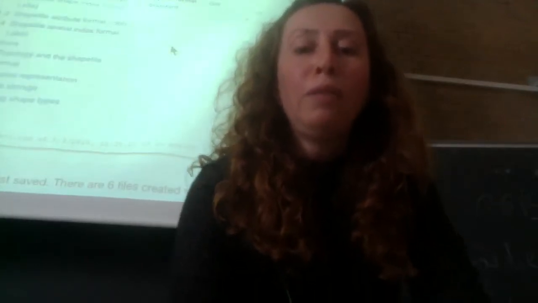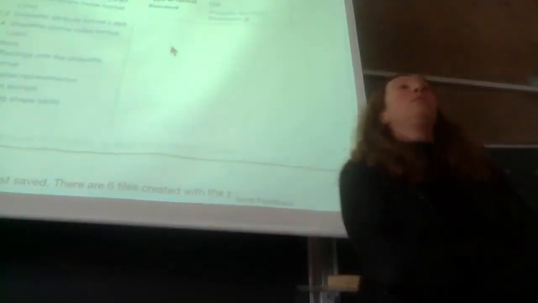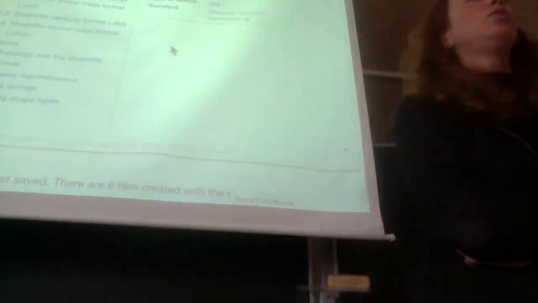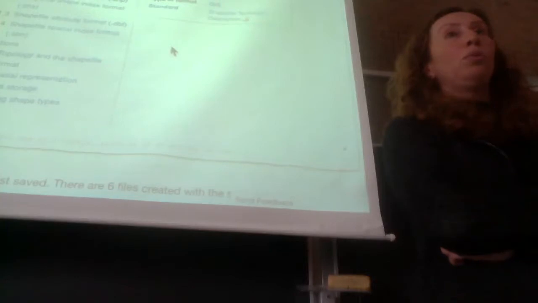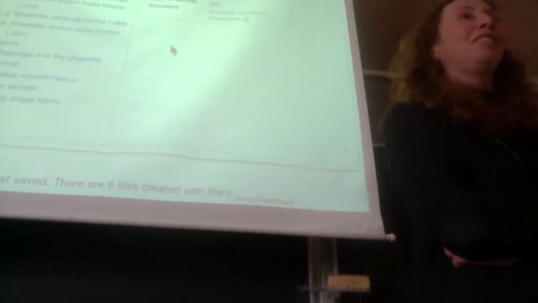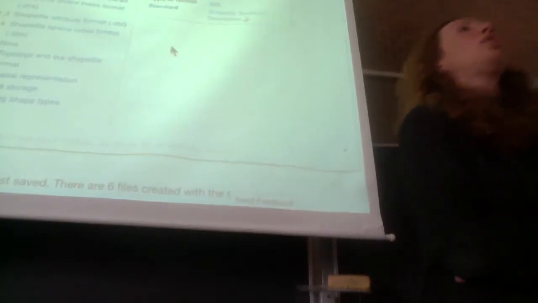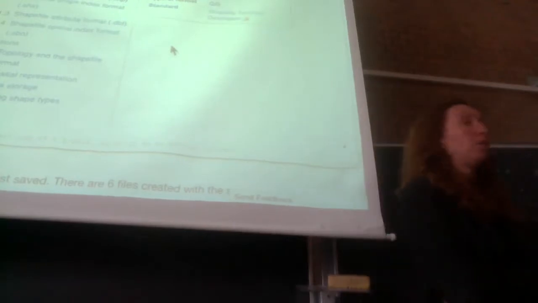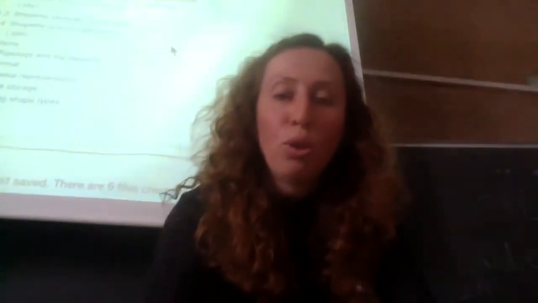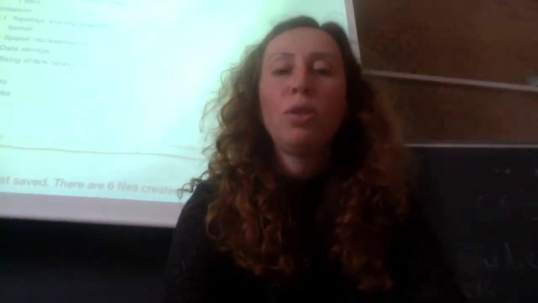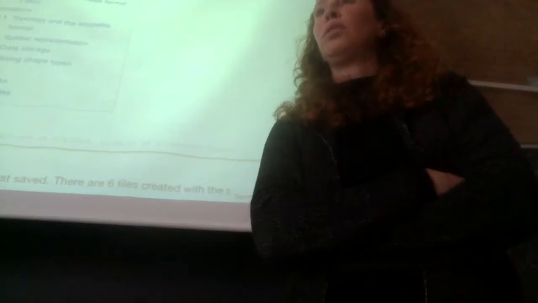So the shapefile format basically is not one file. If you look at your hard drive where you saved your point, you will see 6 different files. So this one point was actually saved as 6 different files, right? The .shp file includes the geometry of the point itself, so it includes its location.